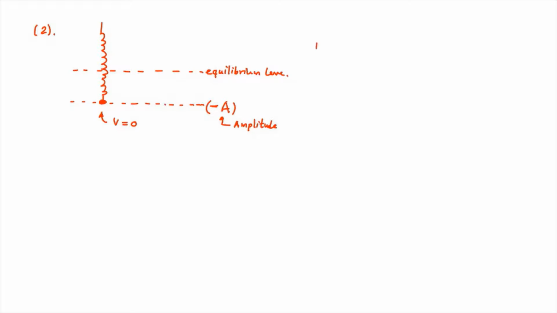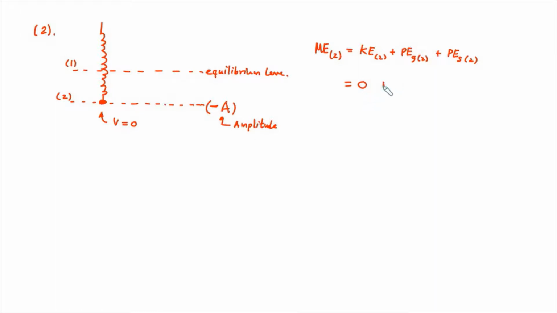So then again I can write, just like in part 1, mechanical energy, in this case at level 2. If you recall, this is level 1. This again I can write as kinetic energy at level 2 plus potential energy due to gravity at level 2 plus potential energy, spring or elastic, at level 2. The first term is 0 because there's no kinetic energy, as the mass is at rest at that point.